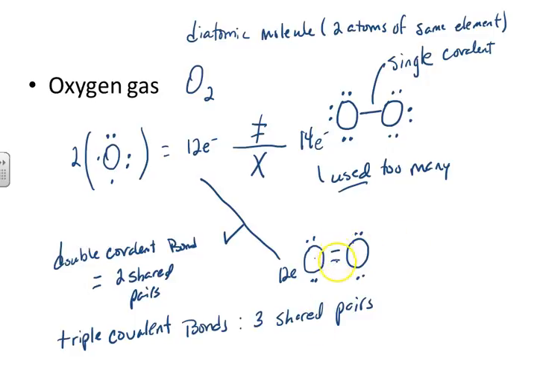The more electron pairs we have in between, the shorter the bond. So when we're talking about bond length, single is greater than double is greater than triple. So a single bond is long, triple bond is very short.